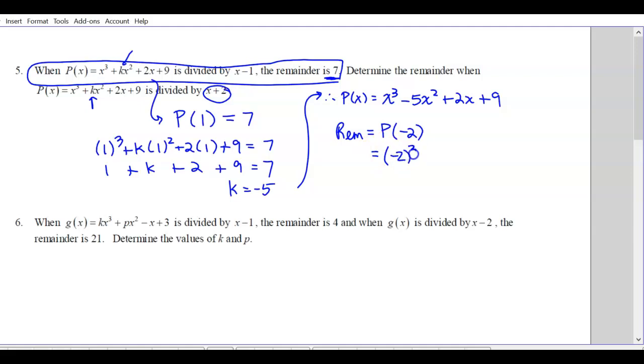So negative 2 cubed minus 5 times negative 2 squared plus 2 times negative 2 plus 9. Didn't use any synthetic division. Okay, we use what's called the remainder theorem. 32.